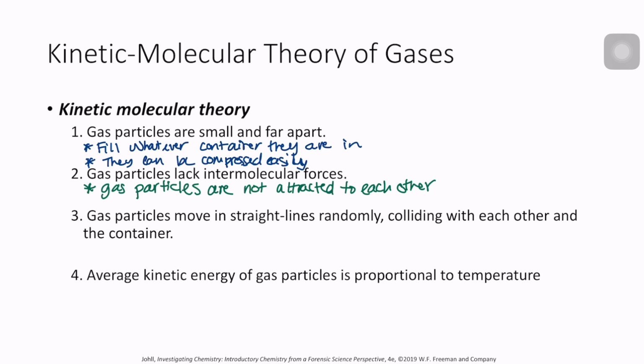So these collisions with the container walls create the pressure. So you can think of pressure as how often and with how much energy the gas particles collide with the side of the container.